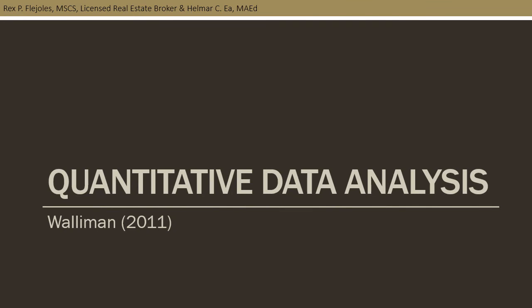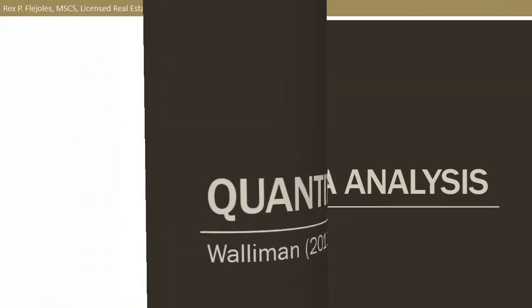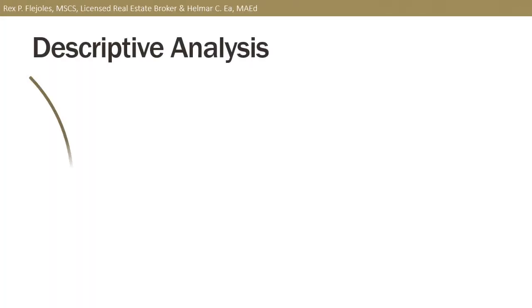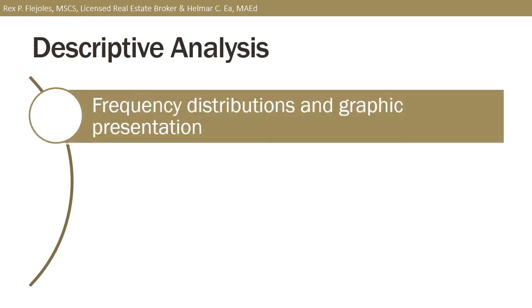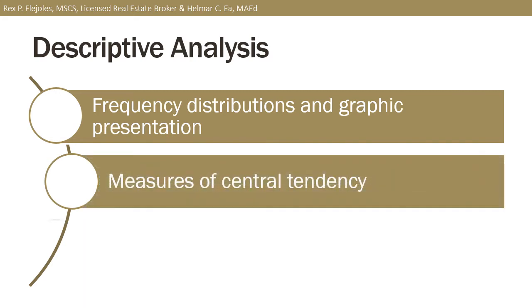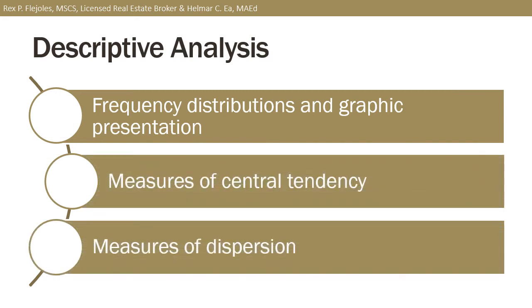Now let's proceed to the commonly known quantitative data analysis. For descriptive analysis of quantitative data, we could employ frequency distributions and graphic presentation. Also, we could apply measures of central tendency and measures of dispersion.